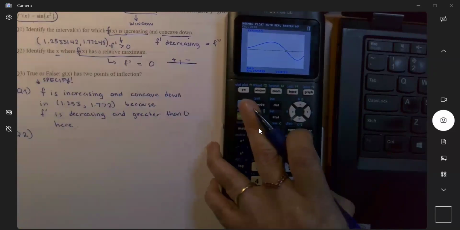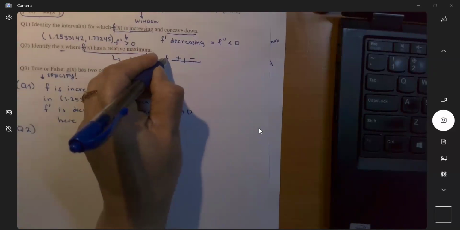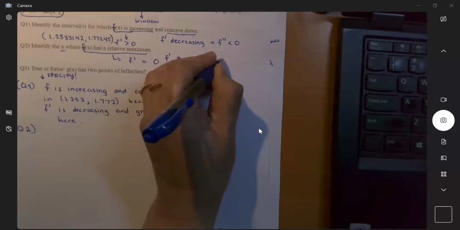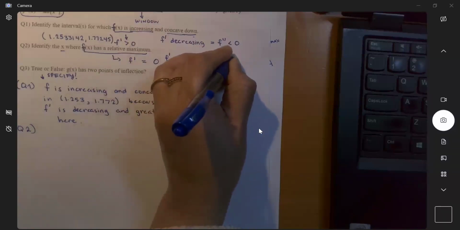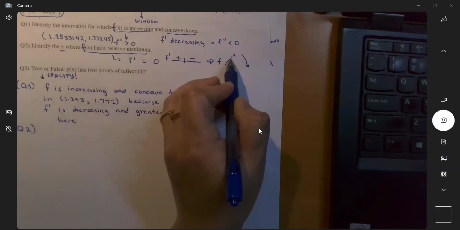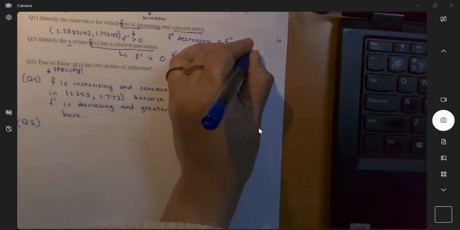Because if my F prime changes from positive to negative, this tells me that my original function is changing from increasing to decreasing. So if my function is changing from increasing to decreasing, this part right here will be a maximum.